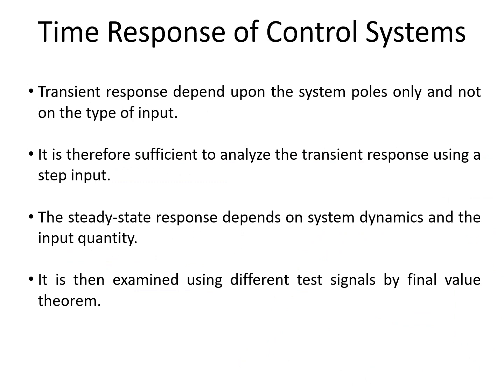Now transient response basically depends upon the system poles only and not on the type of the input. It is therefore sufficient to analyze the transient response using only the step input. Whereas the steady state response depends upon the system dynamics and the input quality.